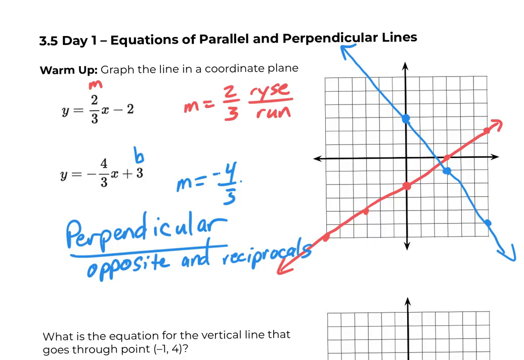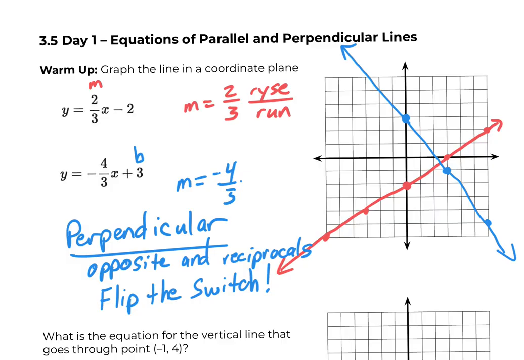We have to do the opposite and we have to flip it over. And so the saying that I use that goes along with that is we must flip the switch. Okay, and all that means is we're going to do two things. We're going to take 2 over 3 and we would flip it over, which becomes 3 over 2.